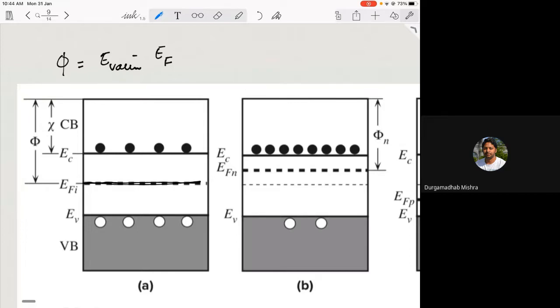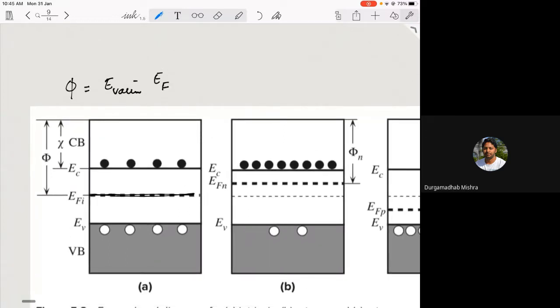Because the Fermi level is lying within the band gap, that is a forbidden region for electrons, and electrons cannot occupy any state within this energy. So there will be no electrons at the Fermi level. In metal, we have electrons up to the Fermi level, but in semiconductors, there will be no electrons at the Fermi level. However, the work function is still defined as the difference between the vacuum level and the Fermi level.